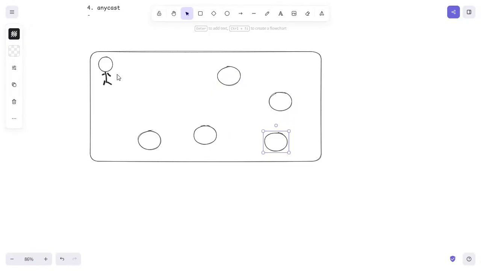Now you are coming to this side, going into the market, and with Anycast you want ice cream, so whichever is the nearest store you see, you will directly go to that nearest shop. If you want something, you go directly to your nearest shop or store. This is Anycast.